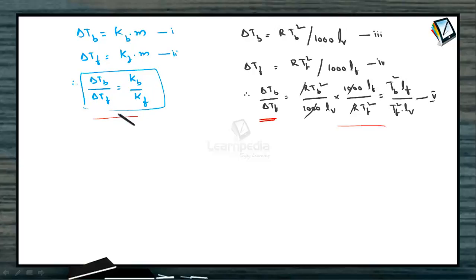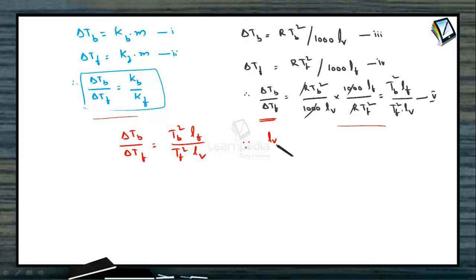So we can equate delta TB by delta TF is equal to TB square into LF by TF square into LV. But what is it that we want?